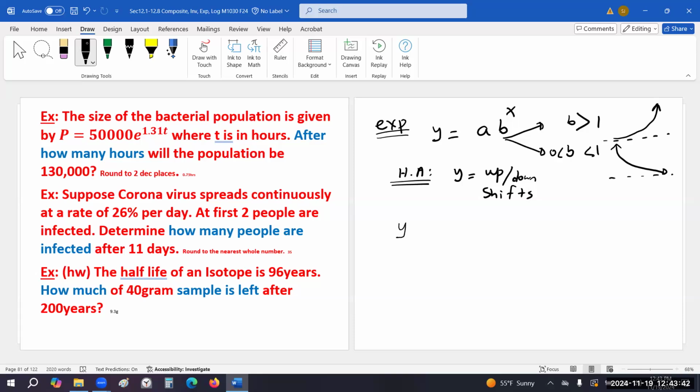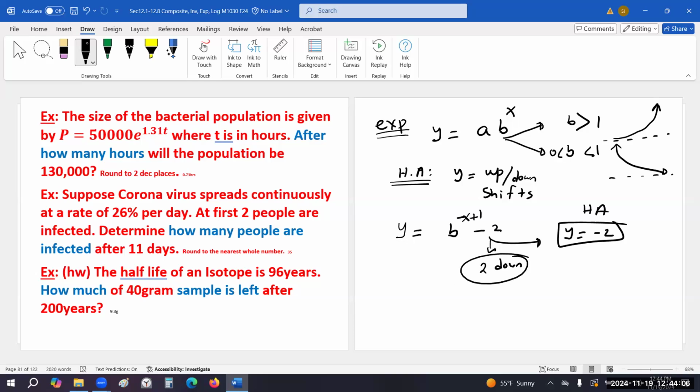So if you have y equals b to the x plus 1 minus 2, we have horizontal asymptote y equals -2. This is what it means, up-down shifting, because you're moving 2 down here, right? This is x.